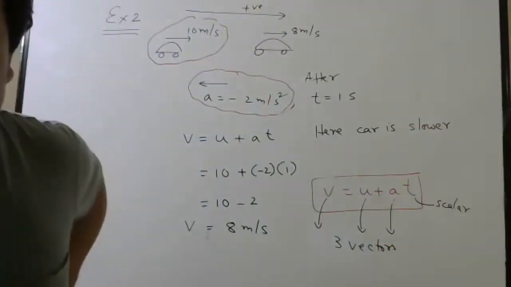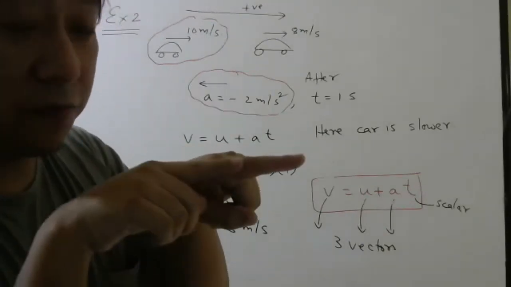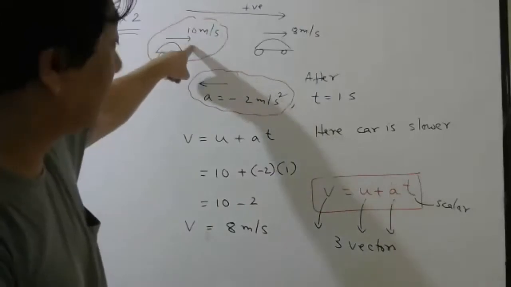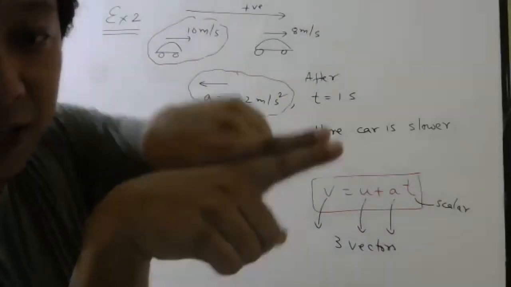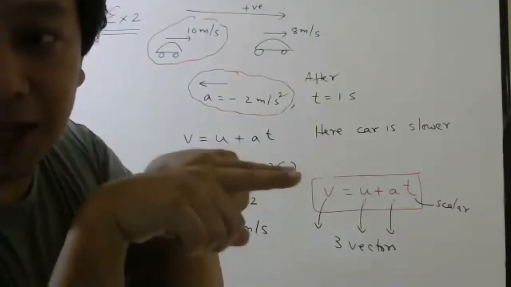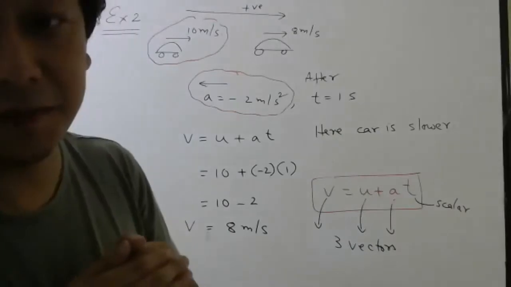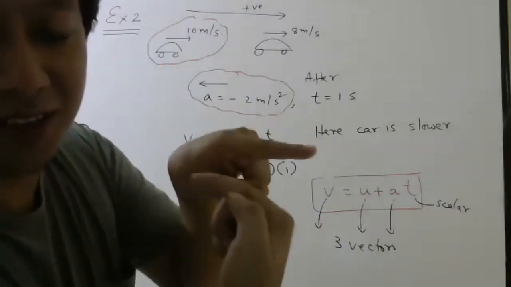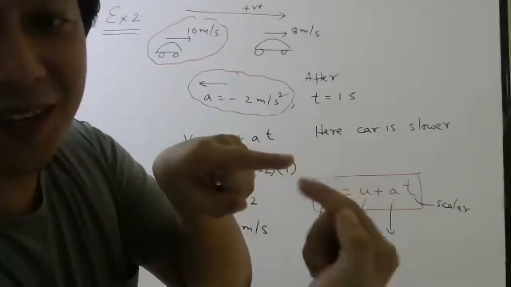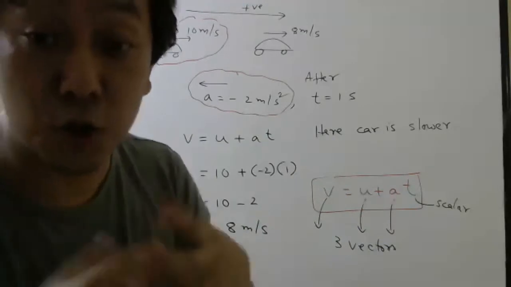So what you have understood, listen carefully: if initial velocity and acceleration are in the same direction, the car will speed up, it will move faster. But if velocity is this side and acceleration is the other side, then the car is moving slower.